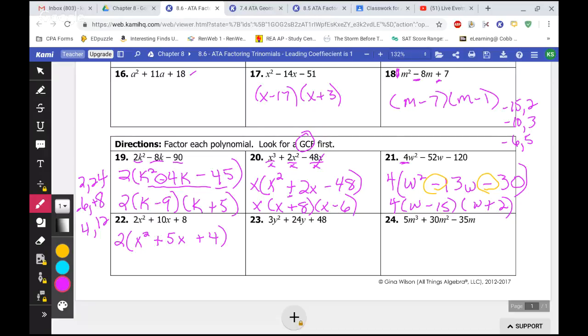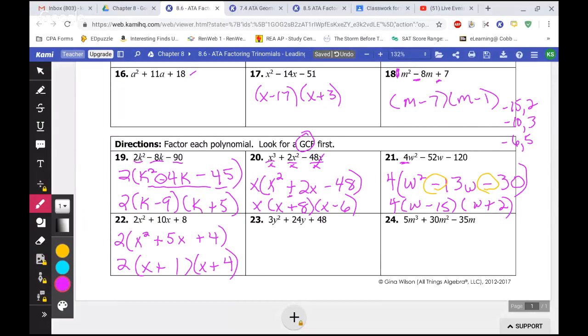So I'm looking for two factors that multiply together to give me a positive 4 and add to a positive 5. Anybody know? What are the factors of 4? 1 and 4. Good job.